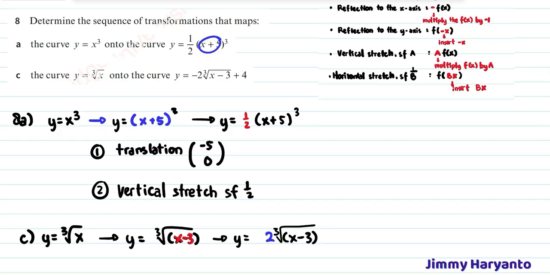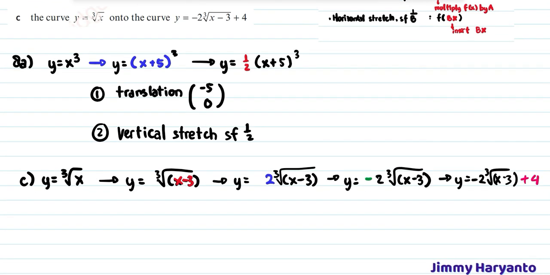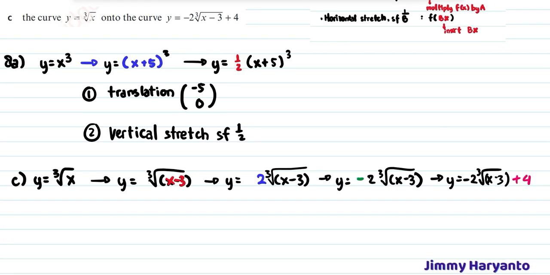And then the next one is I want to do the negative like this, and the last one is the plus 4. So -2 cube root of (x minus 3) and then plus 4. Okay, you don't have to write this actually. This is only to show you the process.